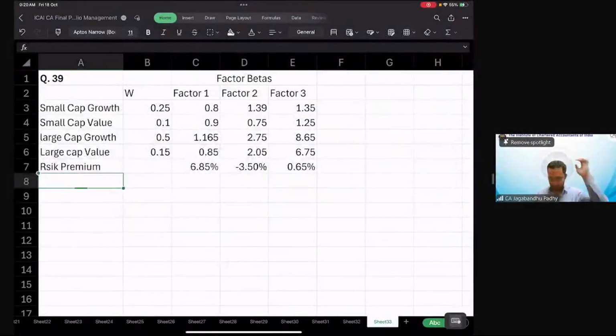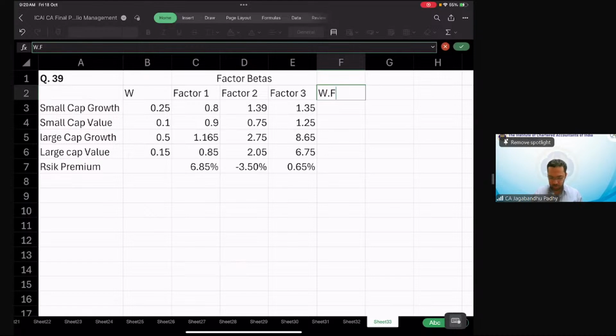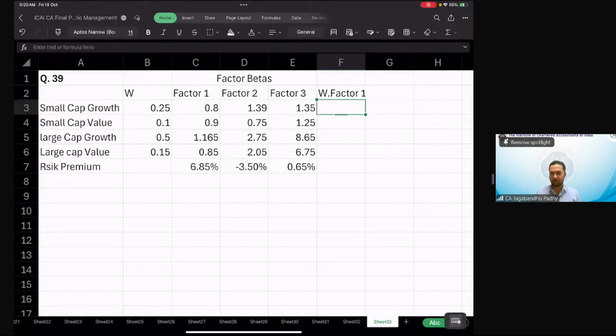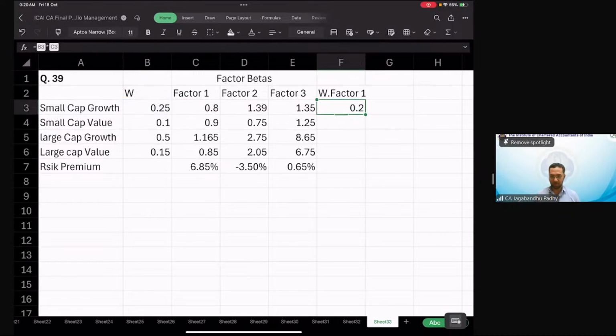For that, I'll need to get the factor betas of the portfolio. To calculate the factor beta, we'll take weights multiplied by factor 1 beta.